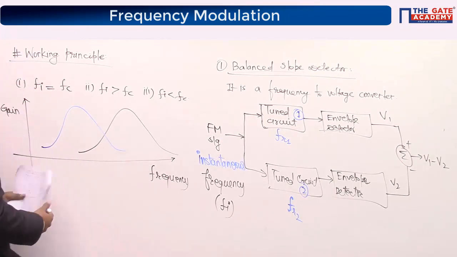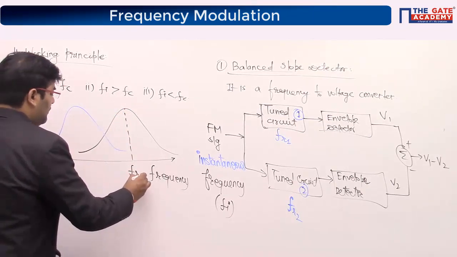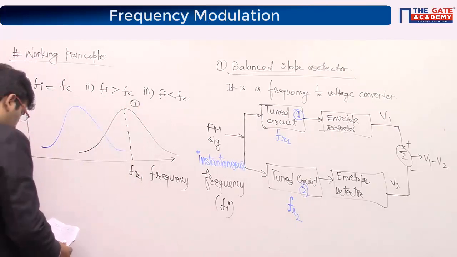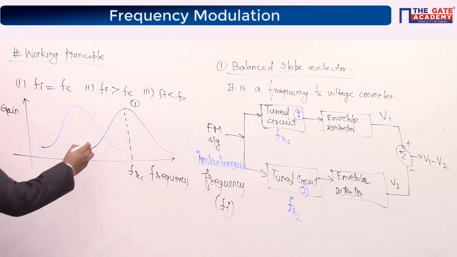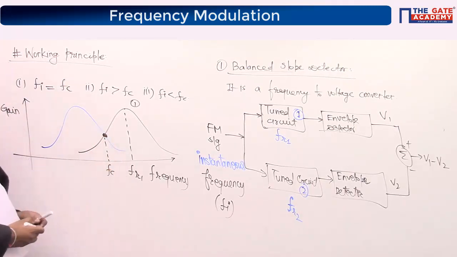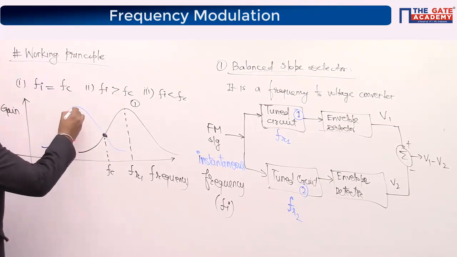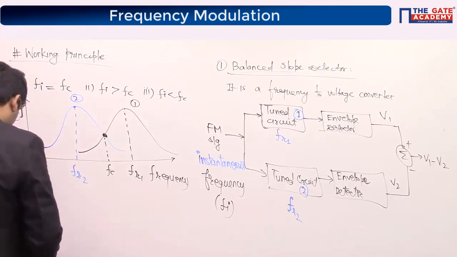This is the resonant frequency for the first tuned circuit, FR1. Where they intersect, call it FC, the carrier frequency. And this is the resonant frequency FR2.